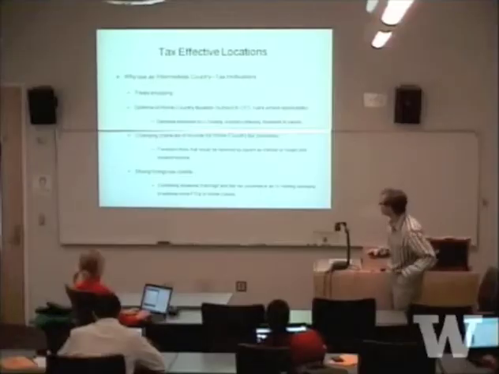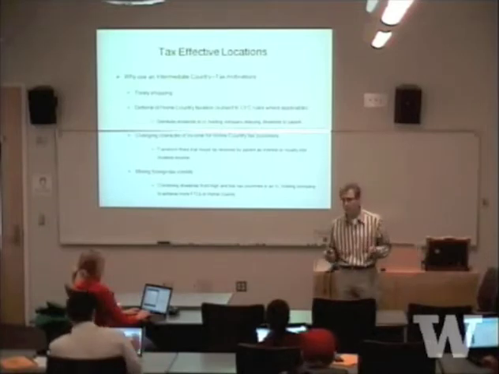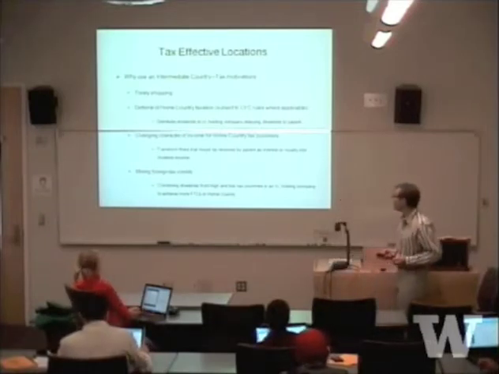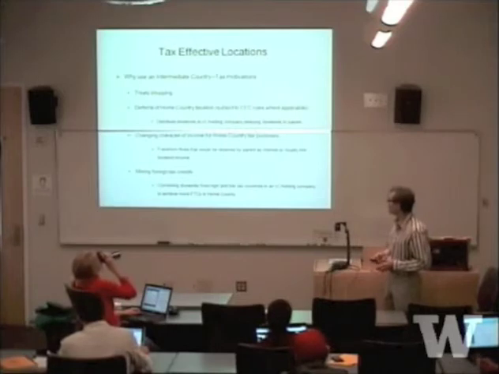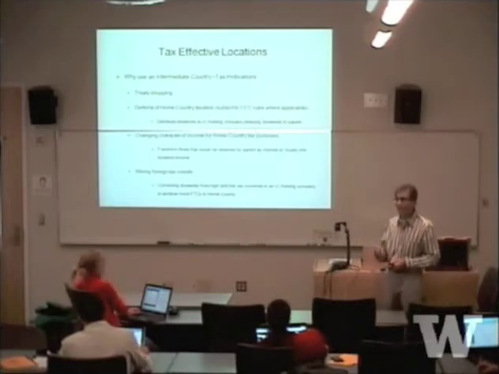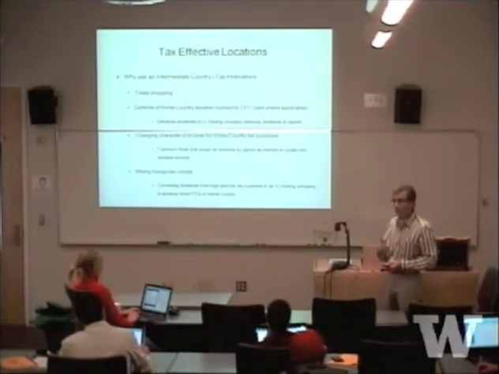My discussion so far has really focused on treaty shopping, but that's not the only potential motivation from a tax point of view that is common out there and used.